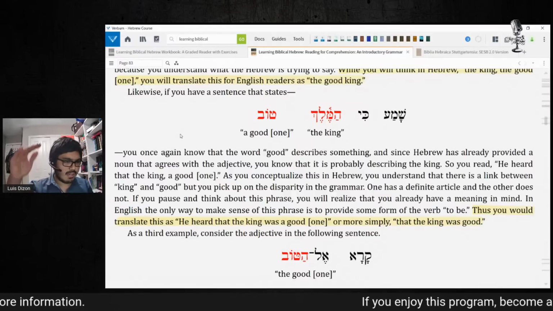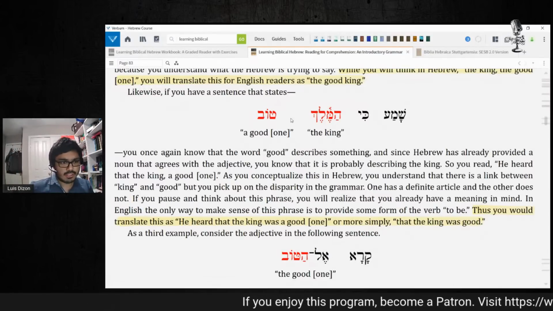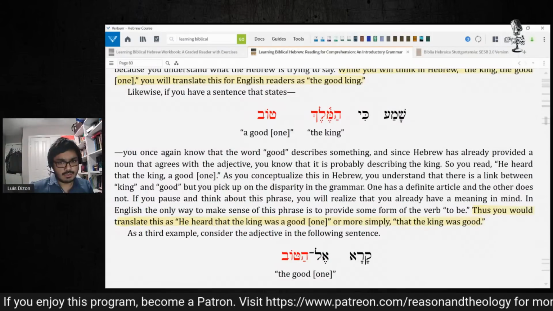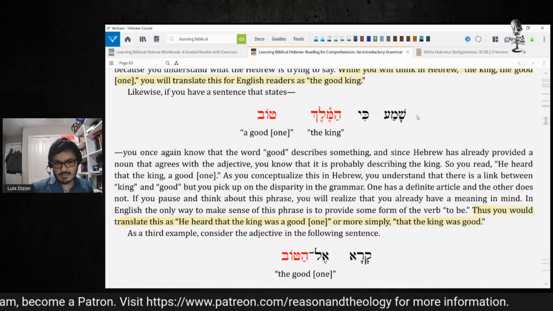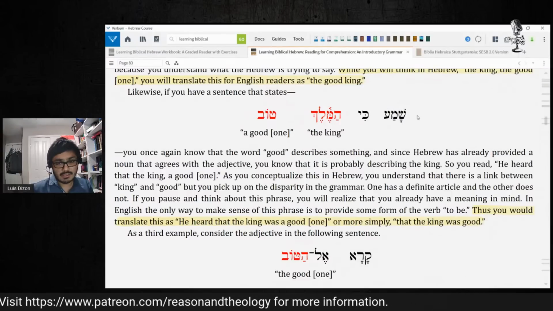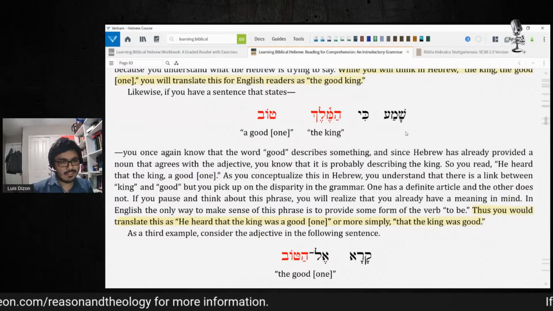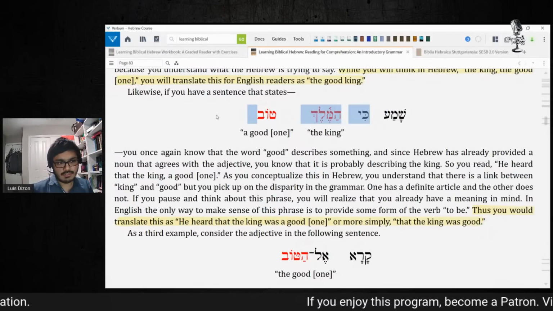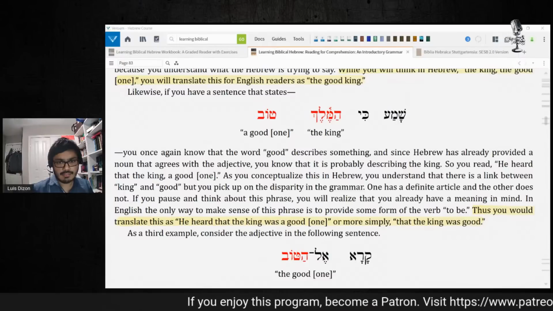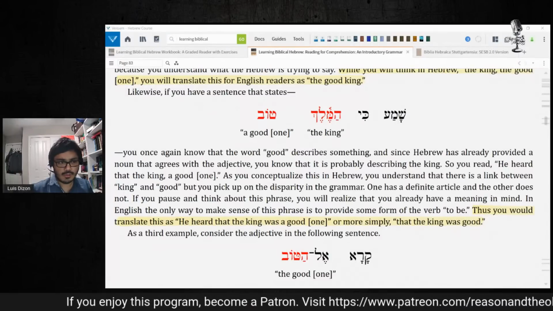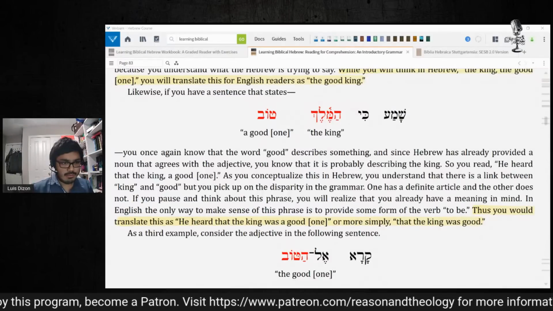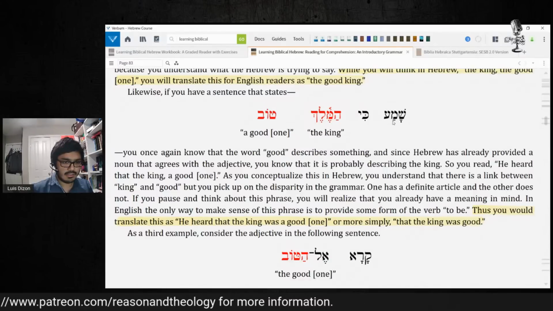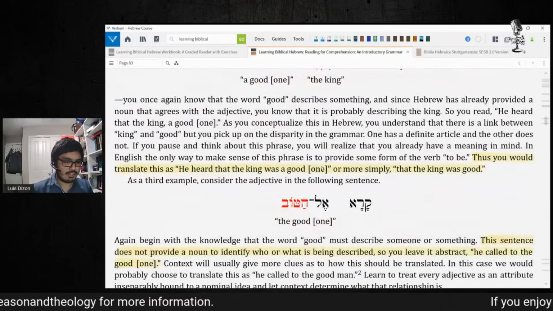Well, it does, but in many contexts it's not used. A copula would be is, are, was, were. In Hebrew, we have the word haya, which means was. It gets used in past and future forms, but there is no present tense for is, so you just have to supply it when you're translating. So Shama hamelech tov would be he heard that the king is good. The is there is supplied in English for clarity's sake.